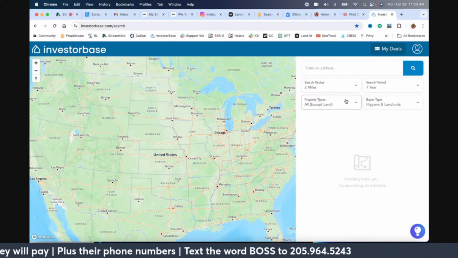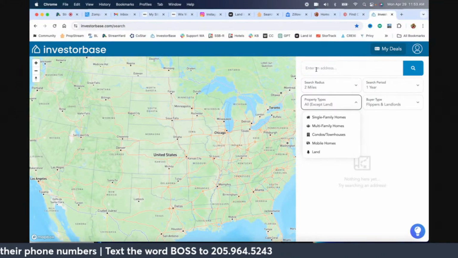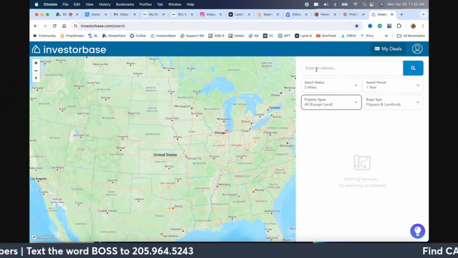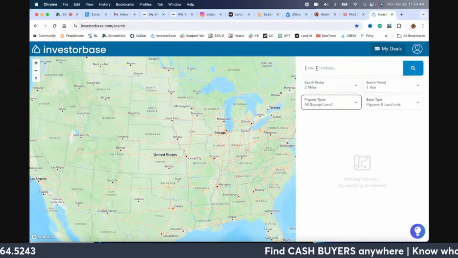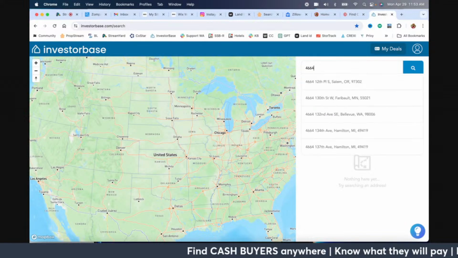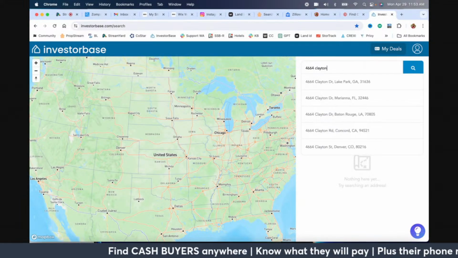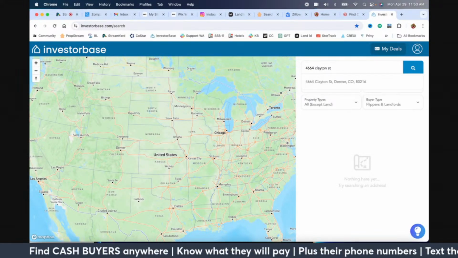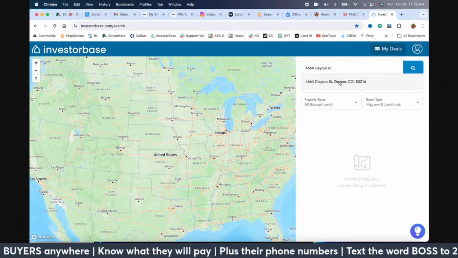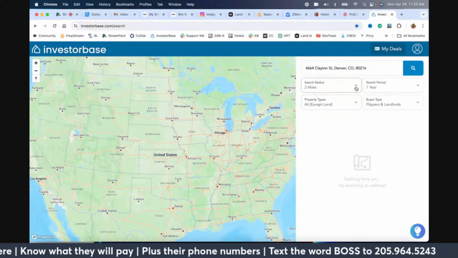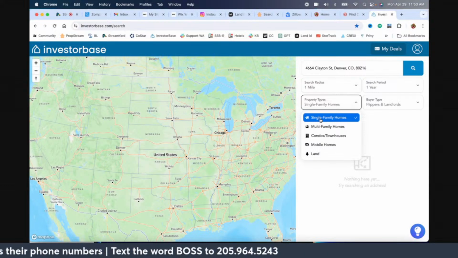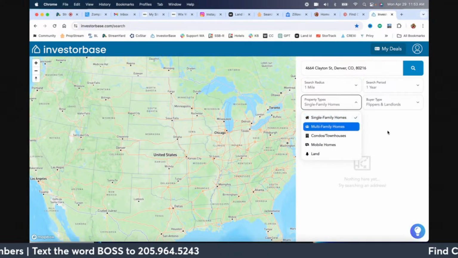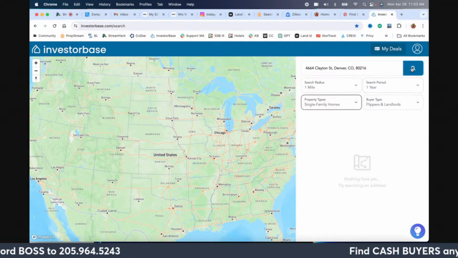Give it to me again, I'm sorry. 4664 Clayton Street, in Denver. Yes, okay. All right, we're going to go 1 mile. That should be a heavily densely populated area. Back 1 year. It's a cold pre-foreclosure.